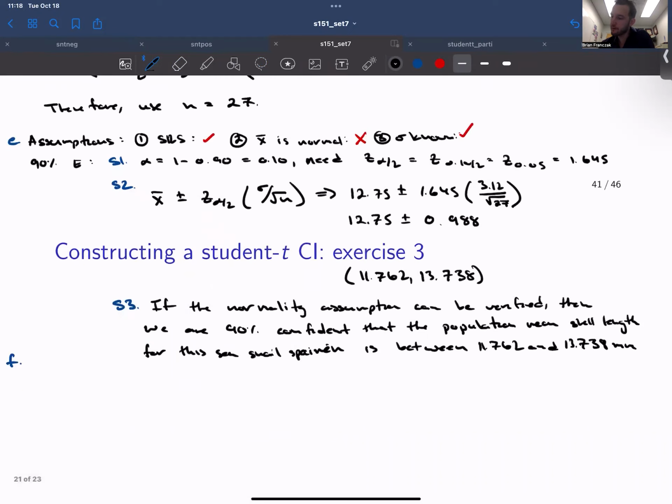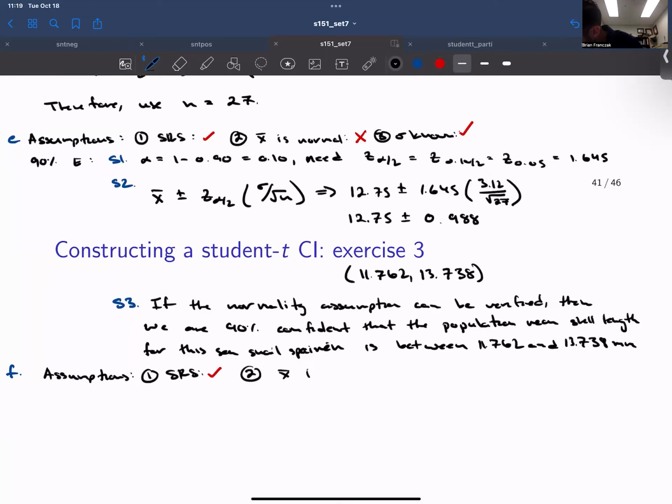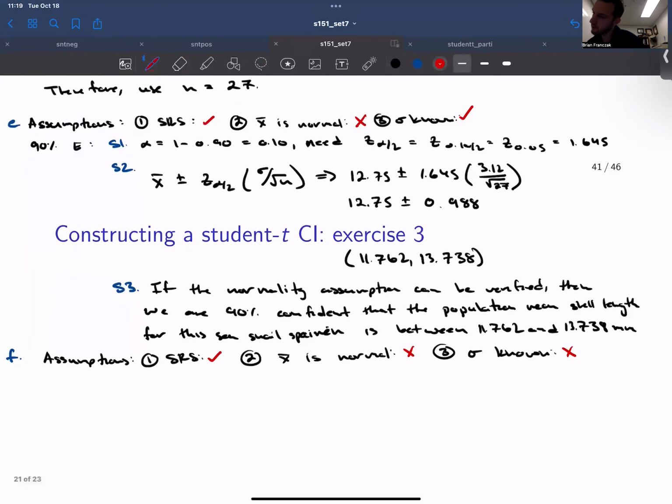Okay, so then in part F, it's going to be the same set of assumption checks, right? So we're going to have, right, so this is still true. This is no longer true. And this is no longer true. Okay.